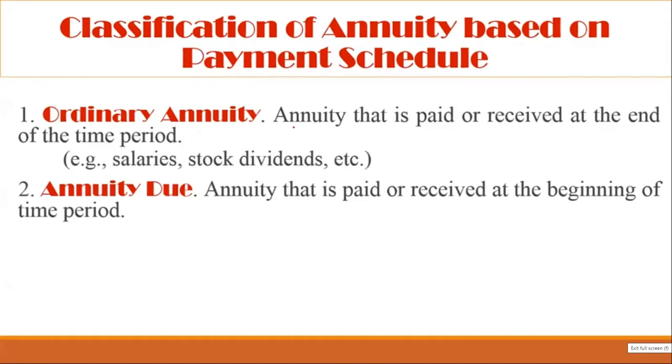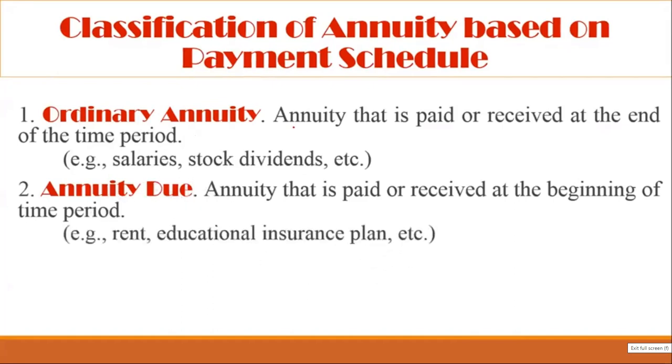So the ordinary annuity is at the end, while the annuity due is at the beginning. Examples are rent, educational insurance plan, and so on. But it depends on the landlords, not all.